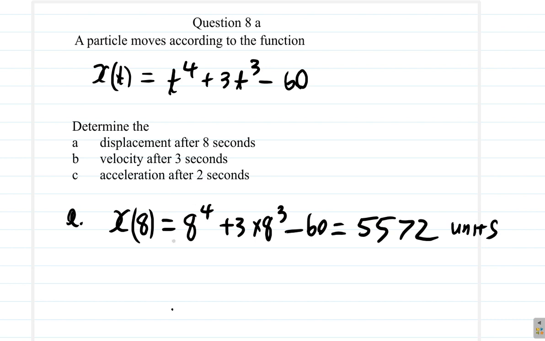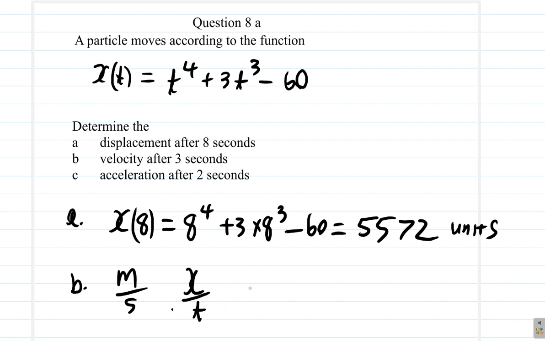Now, velocity. Remember, velocity is the rate of change of distance with time. The rate at which distance is changing with time. It's meters per second because we're looking at distance x per time.